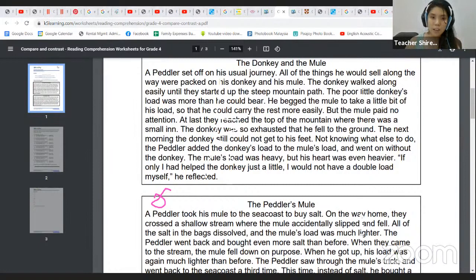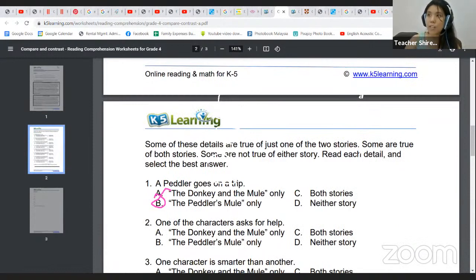Okay. All right, so this will be your homework. Finish this bottom part and write a similarity. Write one similarity and one difference of the stories.